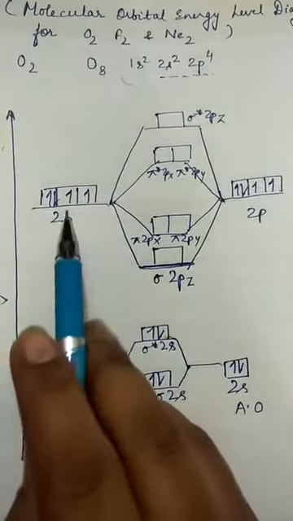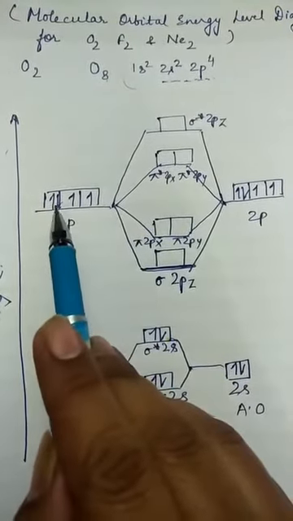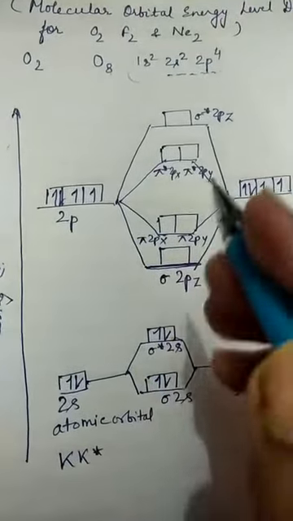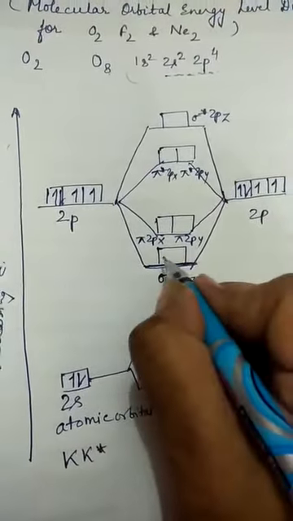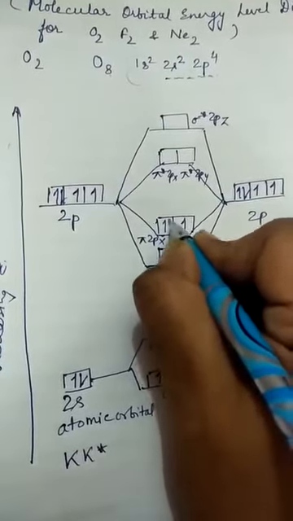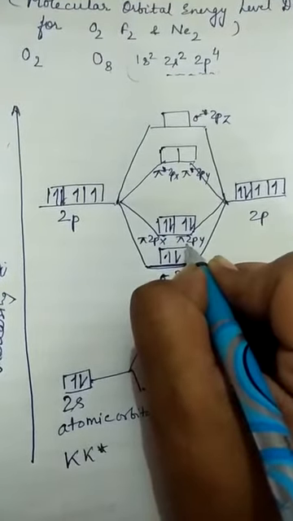Right, now we are going to distribute the electrons. These are 4 plus 4, that is 8 electrons in these molecular orbitals. So here it is 1, 2, 3, 4, 5 and 6. Pi 2px and pi 2py have the same energy.